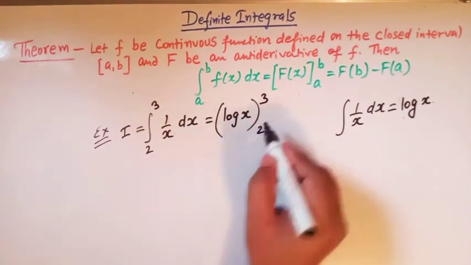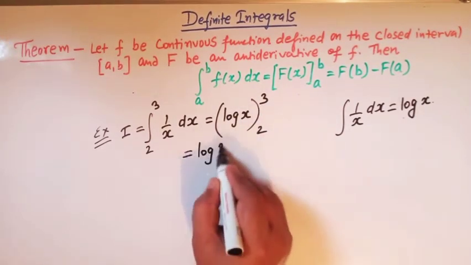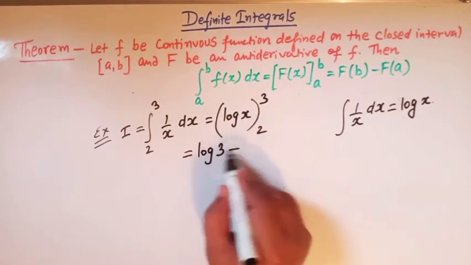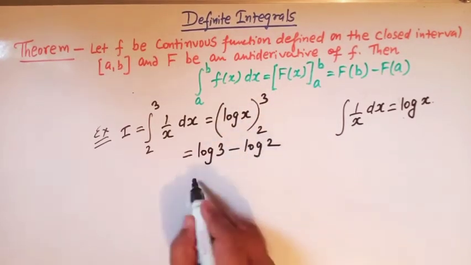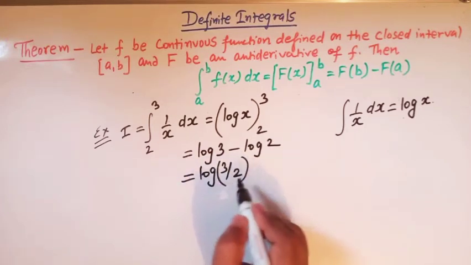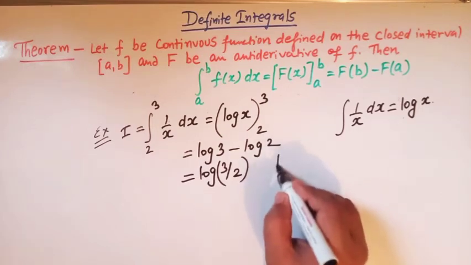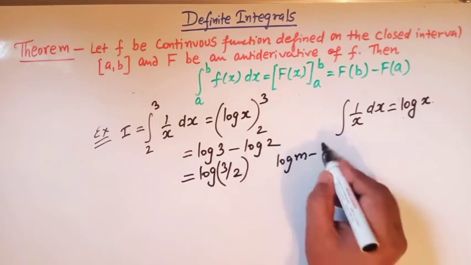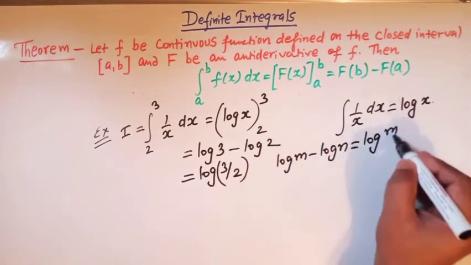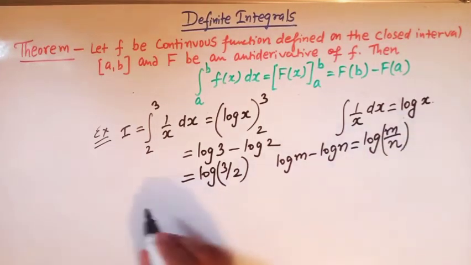So here we have 2 and here we have 3. First we will substitute the value of 3 here. So this is log 3 minus log 2, and then we write it as log of 3 by 2 by making use of the properties of logarithms, which says that log m minus log n is equal to log of m divided by n, right? Okay.